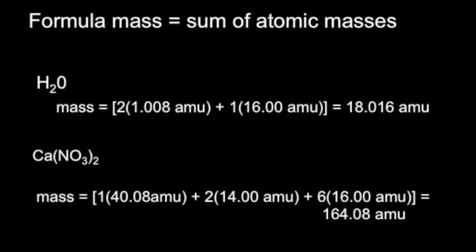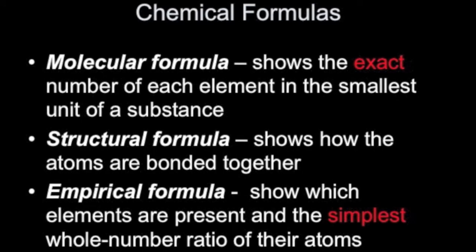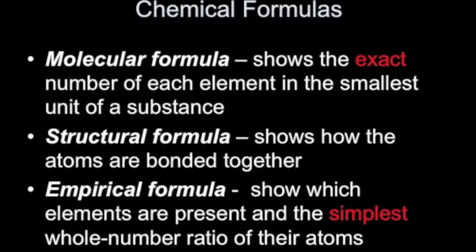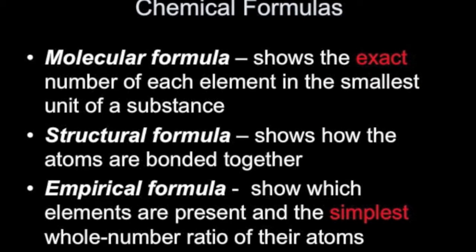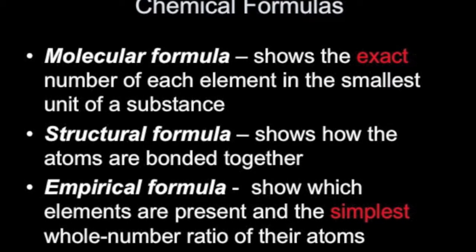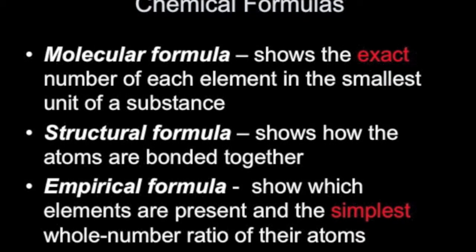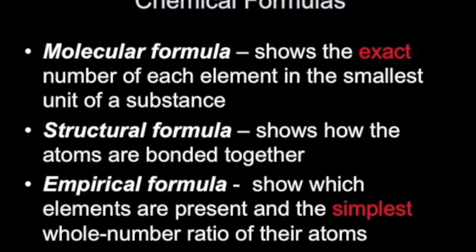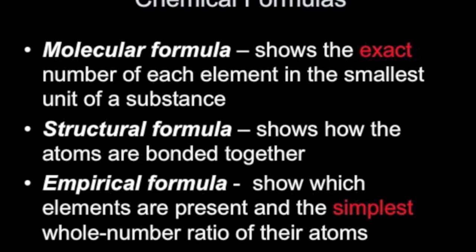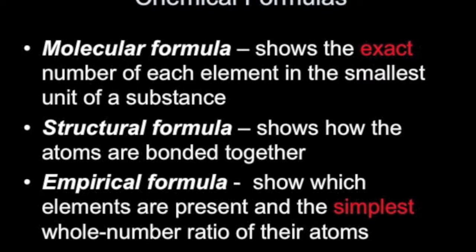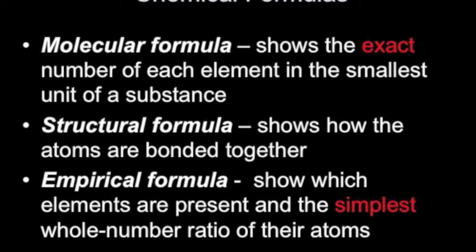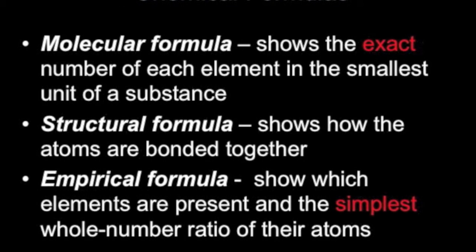A couple of different conventions when we talk about these formulas. We've been talking about the molecular formula, and that's the exact number of each element, the smallest unit of the substance. So an ionic compound like NaCl, that is its molecular formula. For each unit, there's 1 sodium and 1 chlorine. It doesn't really tell us how those are connected. Or CO2, for example: 1 carbon for every 2 oxygens that are present, but it doesn't tell us how those are related.